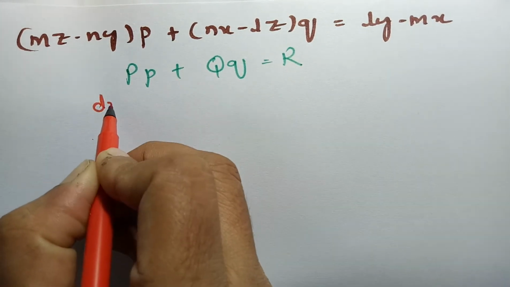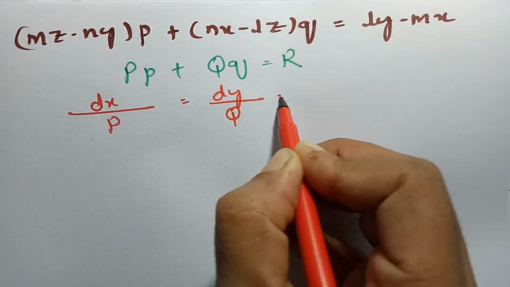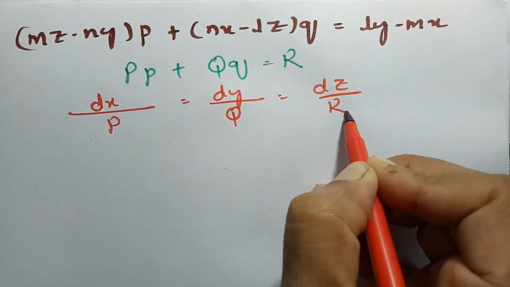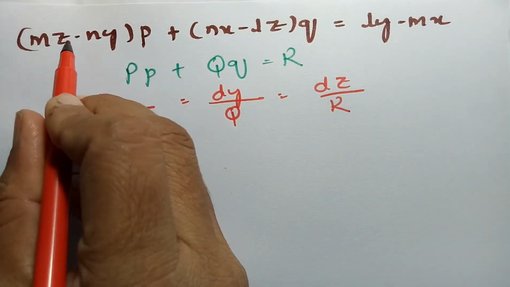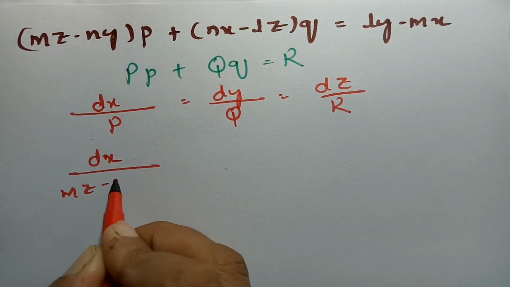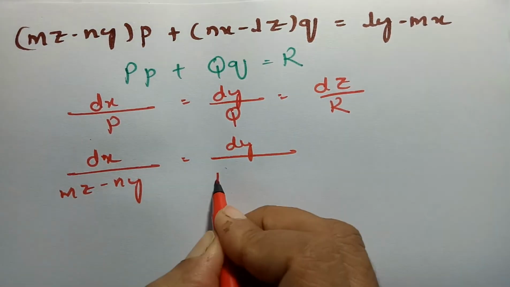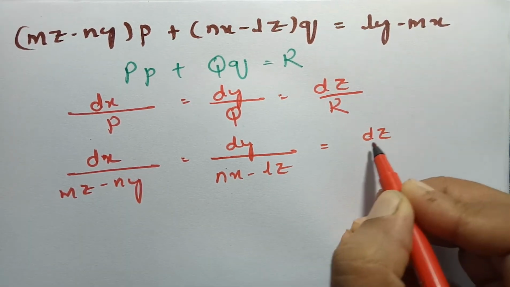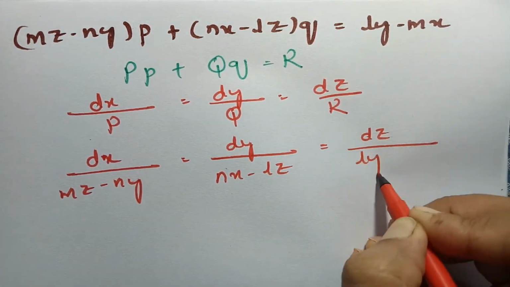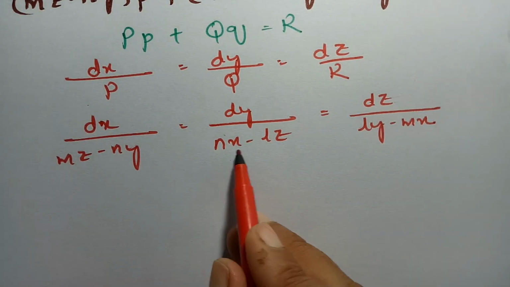So you have to write it in the form dx by P is equal to dy by Q is equal to dz by R. P is nothing but mz minus ny, dy by what is Q here? It is nx minus lz, is equal to dz by what is R? ly minus mx. So this is equation 1, 2 and 3.